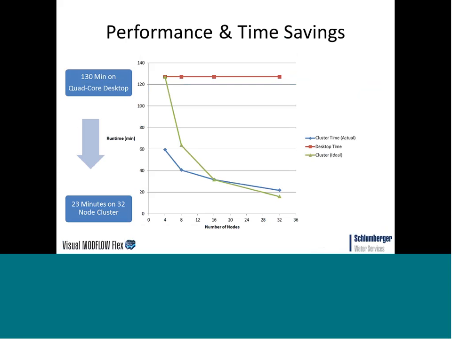So we've completed some initial tests with StarPEST, and the results are very encouraging from what we've seen. For a simple model that takes roughly 2 hours and 10 minutes to run on a pretty powerful quad-core desktop, running it in StarPEST using the cloud service takes approximately 20 minutes using a 32-node cluster environment.